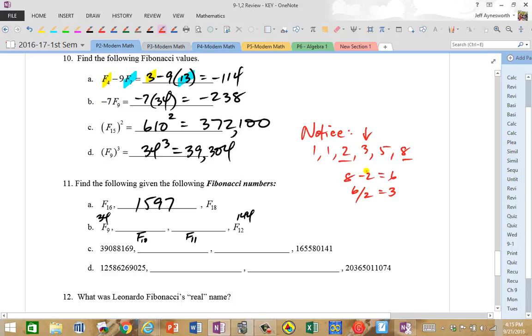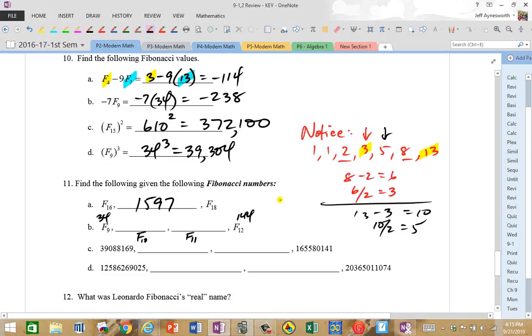So we can subtract the two terms and then divide by 2. All right, it works all the time. So let's suppose if we know these two, look at this right here. If you know those two, you can take 13 minus 3, which is 10, and take half of 10, which is 5, and you get this one. So you can subtract and divide by 2 if you don't know the two terms in the middle.